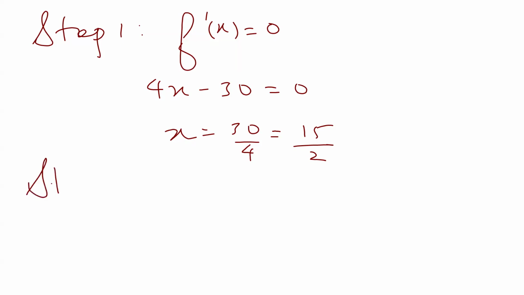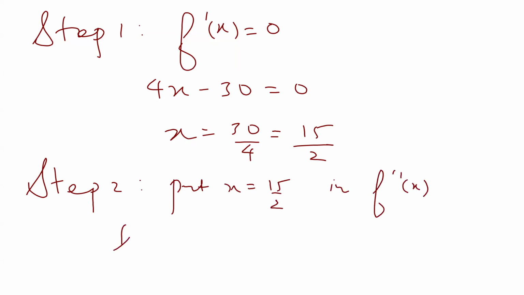Put the value of x in f double dash x. Put x equal to 15 upon 2 in f double dash x. f double dash x is equal to 4. Now really we cannot put any value of x as 15 by 2 over here. Right hand side does not have the value of x. So this is greater than 0. Directly we can comment.